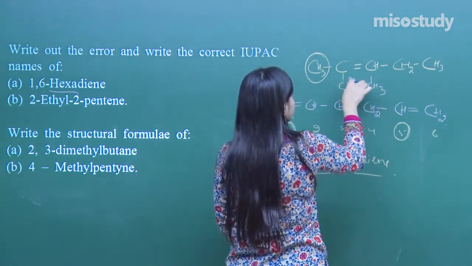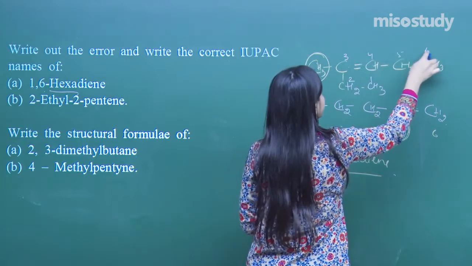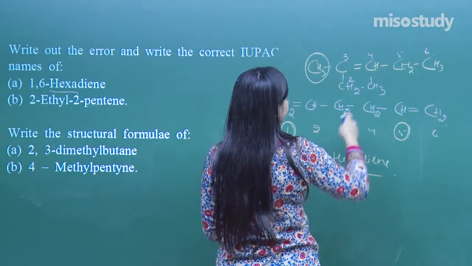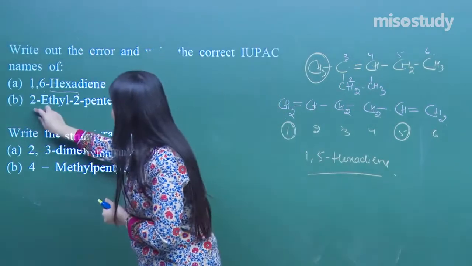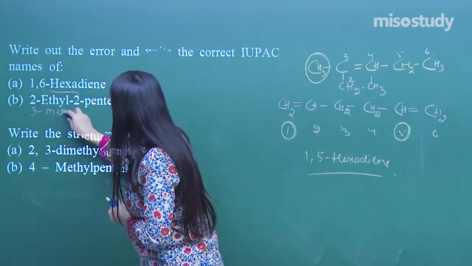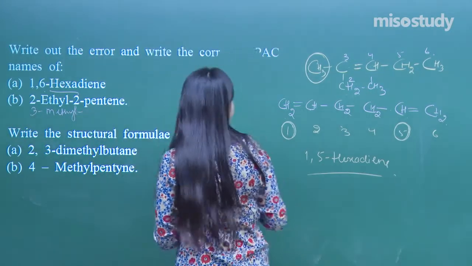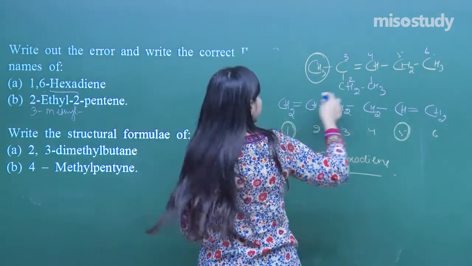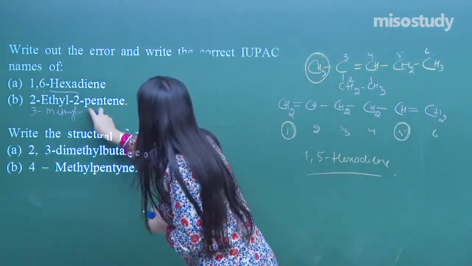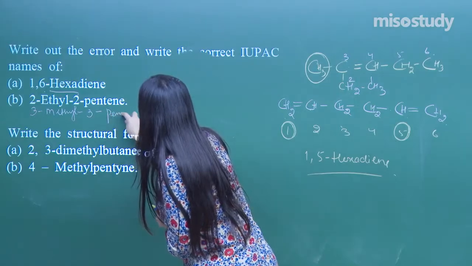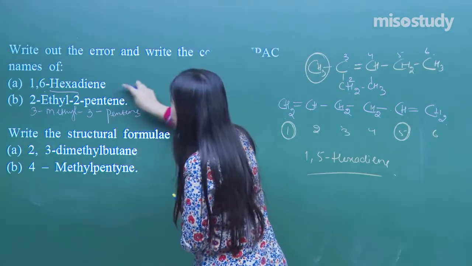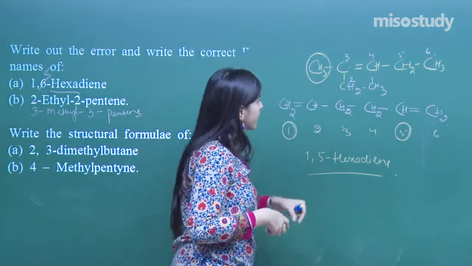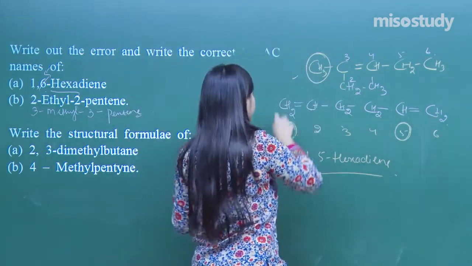So it will be 1, 2, 3, 4, 5, 6. So it will be 3-methyl, right, 3-methyl, along with what? 2-pentene it was, but now it becomes 3-pentene. 3-pentene, clear? It was 1,5-hexadiene. Clear about it?